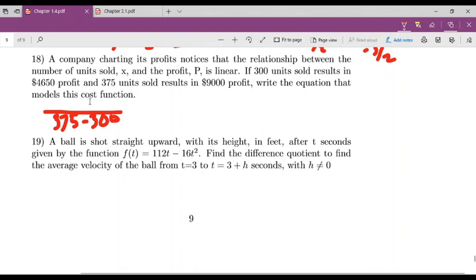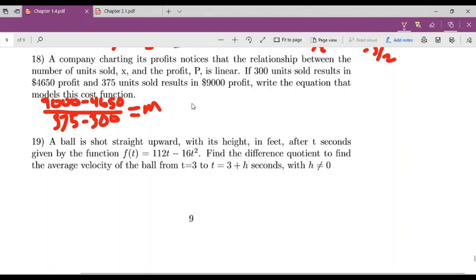That means your y's are going to be 9,000 minus 4,650. Okay. Then all you got to do is simplify that. That'll give you your slope, your m, right?